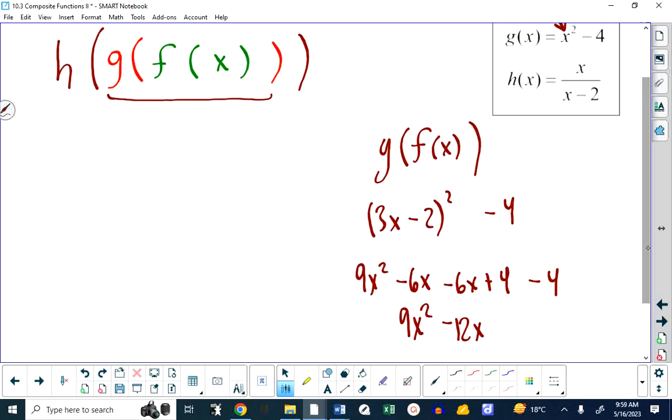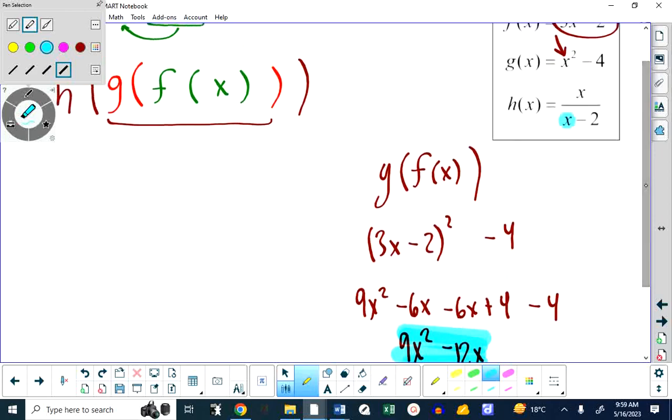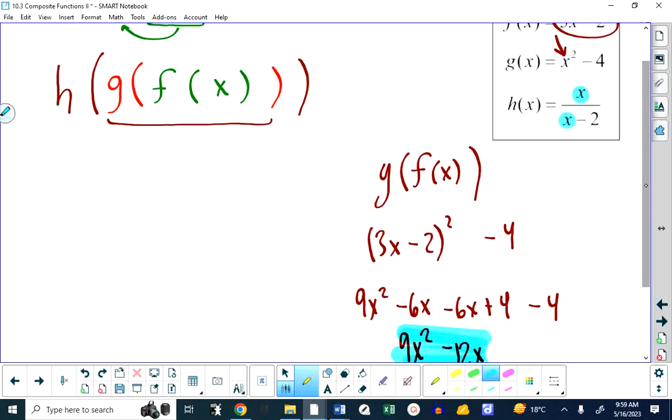And that means that this whole thing needs to go in here and here in h, because it's h of that whole thing.